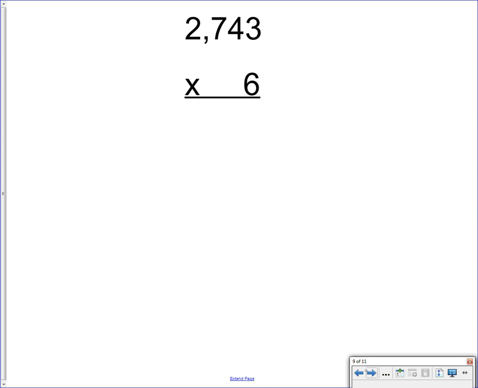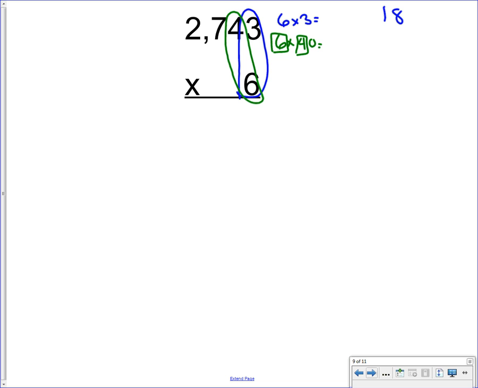All right. Here's our algorithm. So again, 6 times 3 first. 6 times 3 equals 18. I know I wrote it kind of far out there, but you'll see why. Okay, now I've got 6 times 40. Again, gives me 24 and a 0.